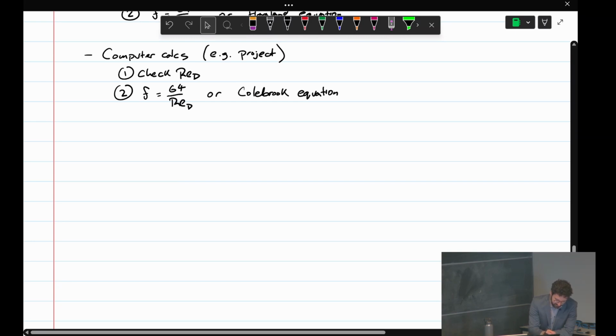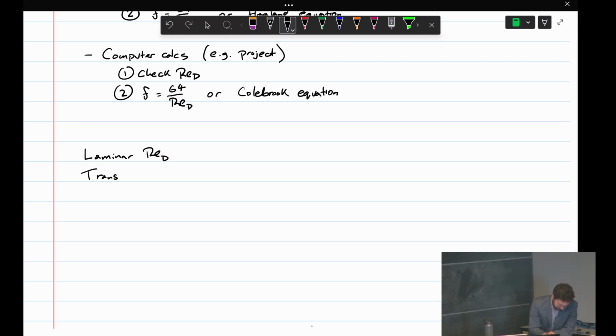Okay. So let's just summarize these methods. So based on our Reynolds number, we determine whether the flow is laminar, transitional, or turbulent.